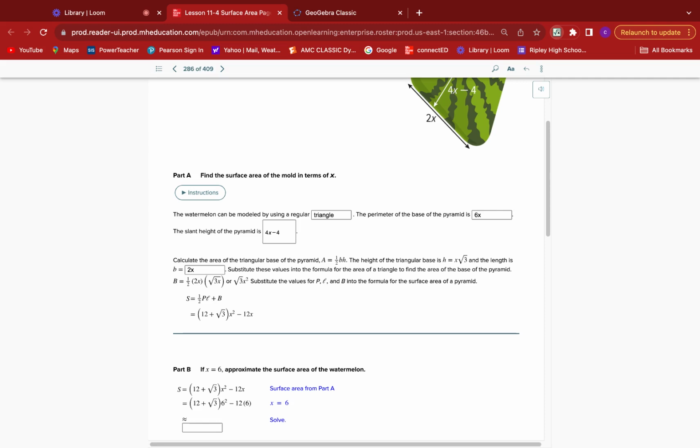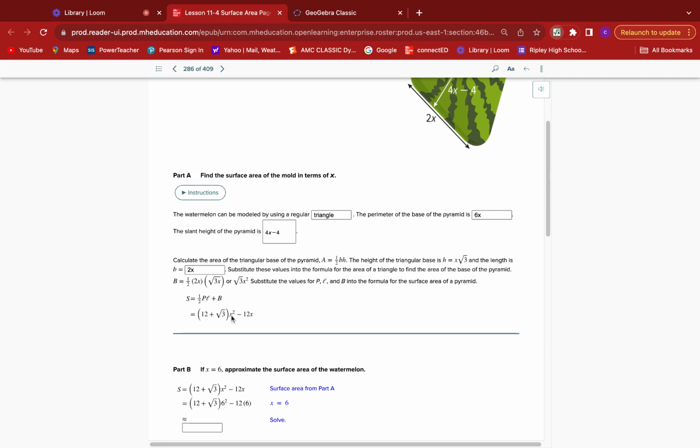The 12x squared and the x squared square root of 3 are like terms. They are being added, and the GCF is an x squared. So they said, okay, they've got 12 plus the square root of 3, and x squared is the greatest common factor.